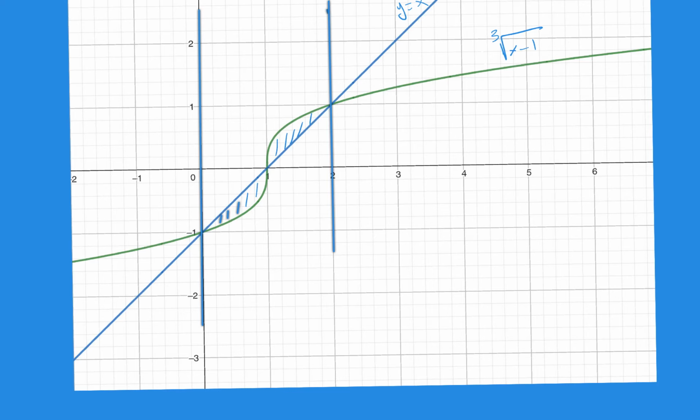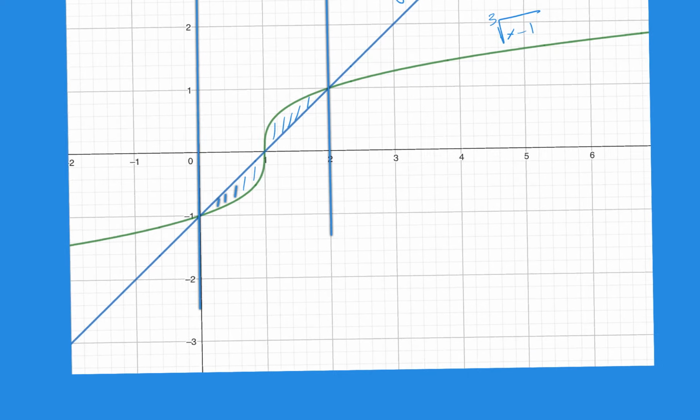Now pay attention: the upper curve is y equals x in the region from 0 to 1, while from 1 to 2 the upper curve is the cubic root of x minus 1. So we need to do the integral in two steps.